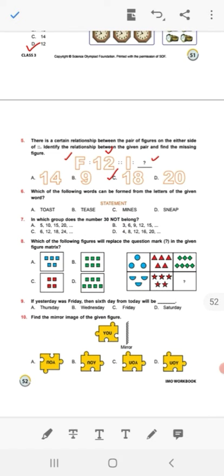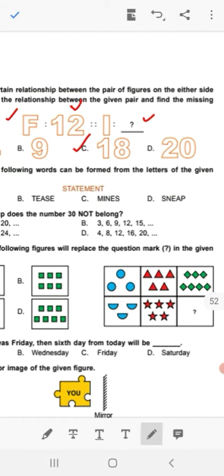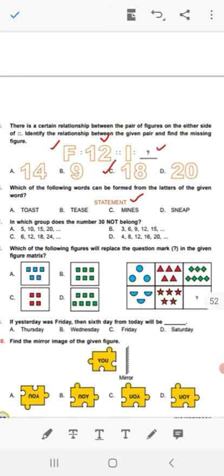Question number 6. Which of the following words can be formed from the letters in the given word? The given word is statement. Now we have to find the word that can be formed using the letters of statement.